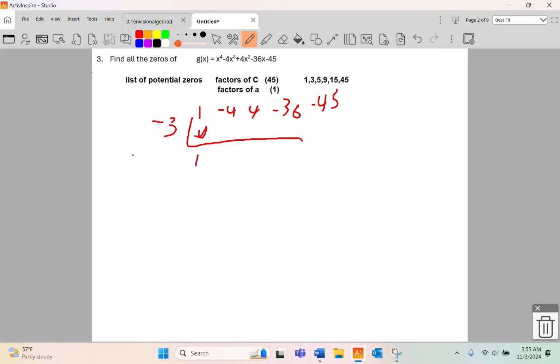Drop the 1, I'll have -3. That's going to be -7. And we add 21. We add and we get 25. This is probably not a likelihood. That's going to be 75. And you can kind of tell it's not going to work. So, okay, cool.